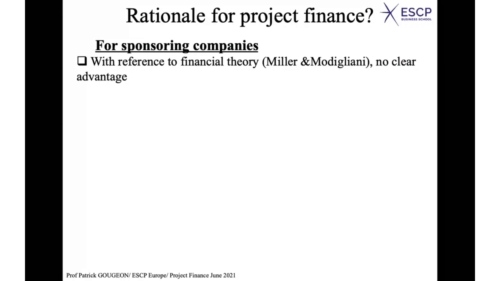Okay? In other words, in this case, why should we use project finance? In other words, complex financial schemes, if, following Miller and Modigliani, it doesn't create value. Okay? Because the capital structure has no influence on the performance of the operations. Okay, that's basically the idea of M&M, as we call them.